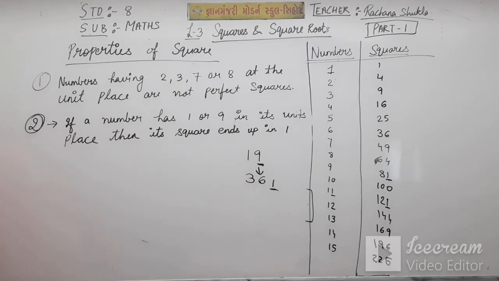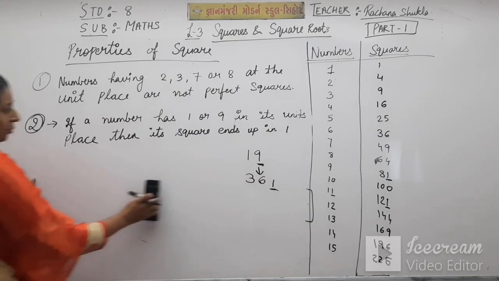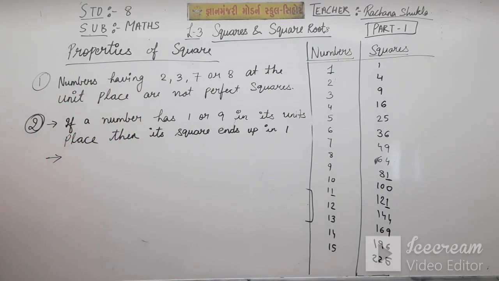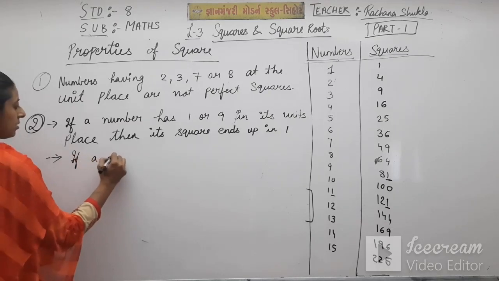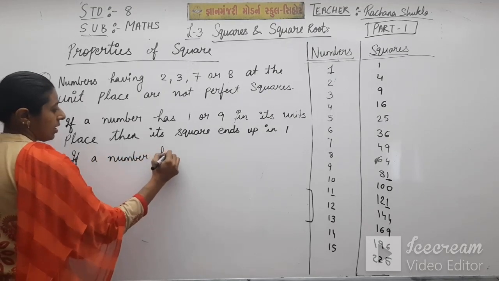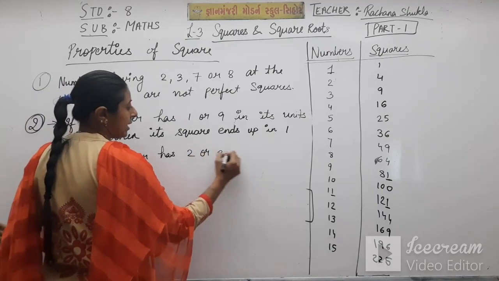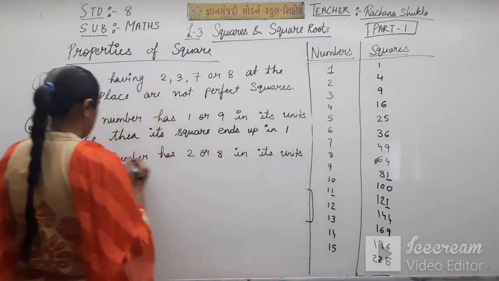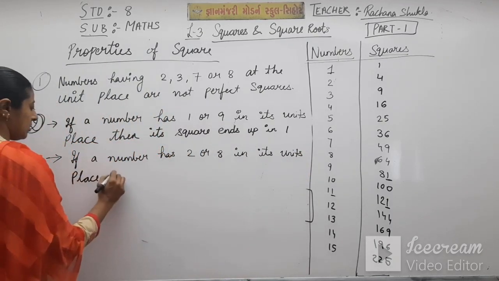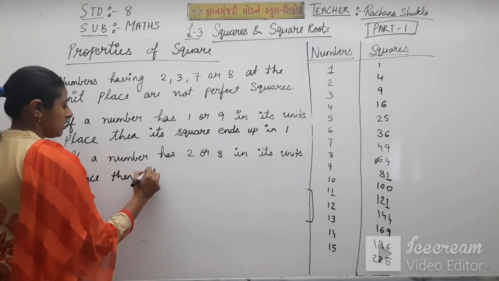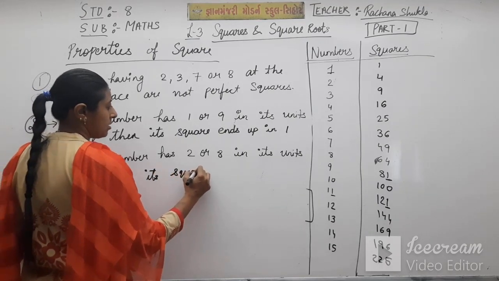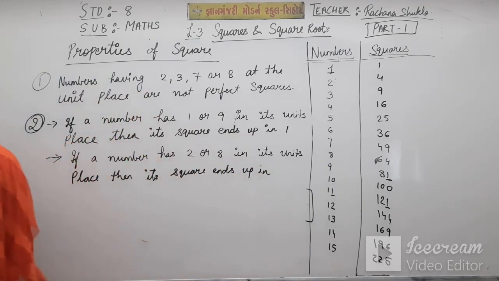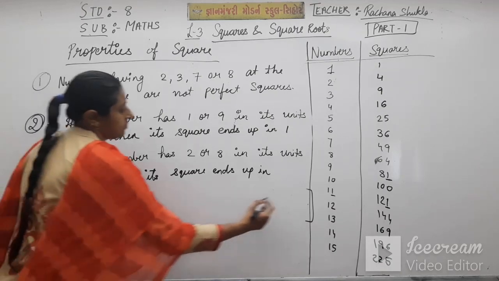Let's see another property of number 2 only. In number 2, the next point: if a number has 2 or 8 in its units place, then its square ends in 4.